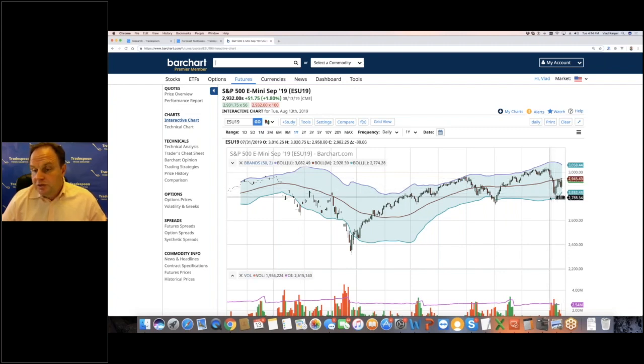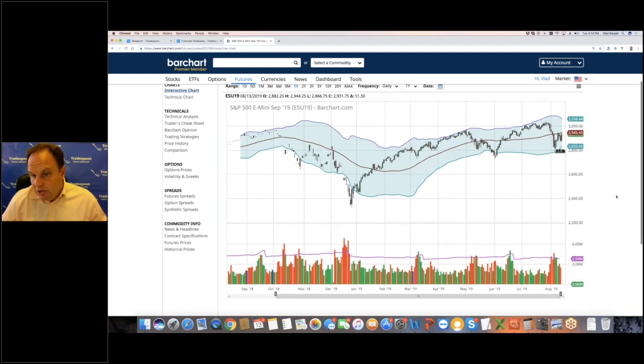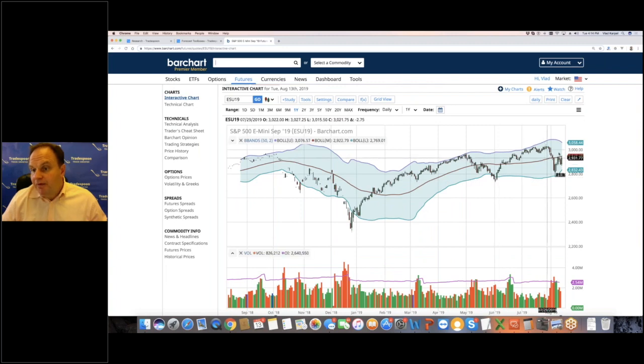But if you don't spend too much time thinking about what you cannot control, and you concentrate your time on what you can control, then you have clearly defined support. The market is trading in a box between 27.78 on the futures, very close to the May low, and now the 50-day moving average.